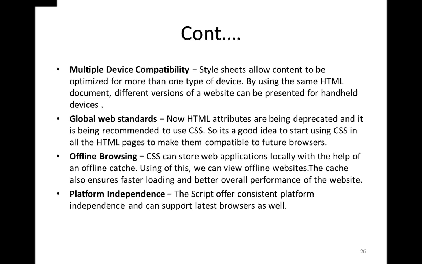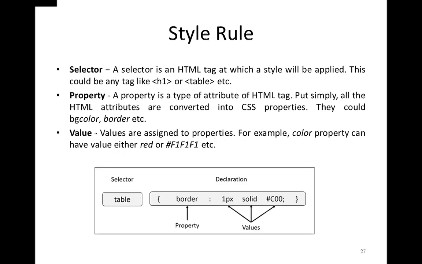And platform independent. Platform independent means it supports all sorts of operating systems. The look and feel of the web page, if you use CSS 3 or 2, whatever it is, is still the same, even though you are accessing it in Windows, Linux, Mac, or any other.